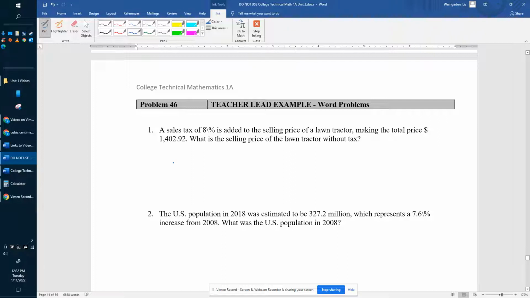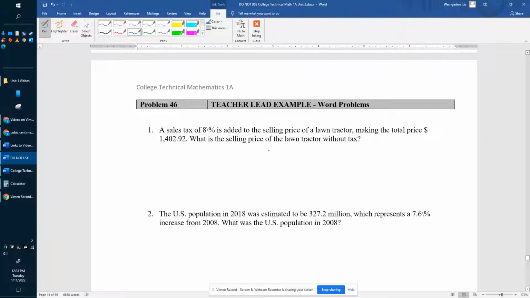A sales tax of 8% is added to the selling price of a lawn tractor, making the total price $1,402.92. What is the selling price of the lawn tractor without tax? So what this is saying is that if we take whatever the price is and add 8%, we get $1,402.92.